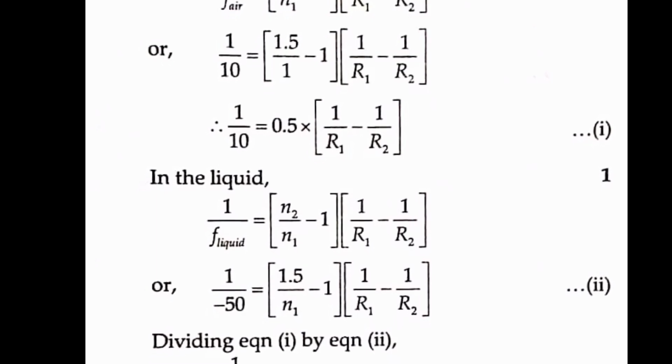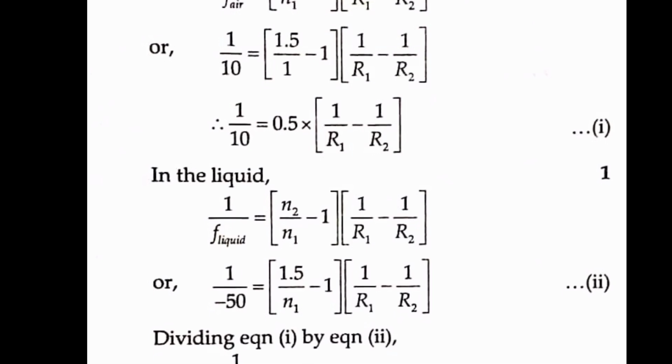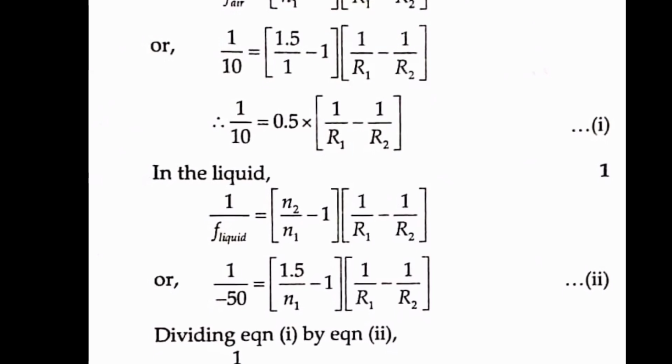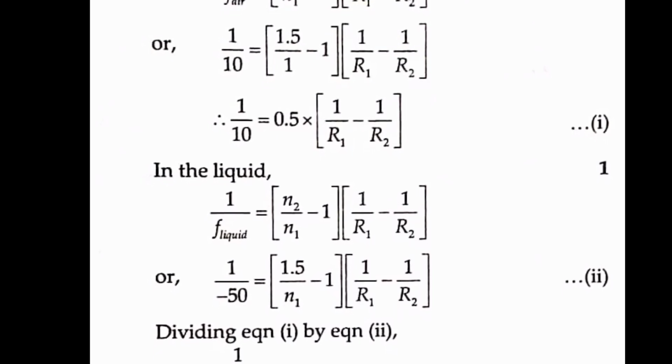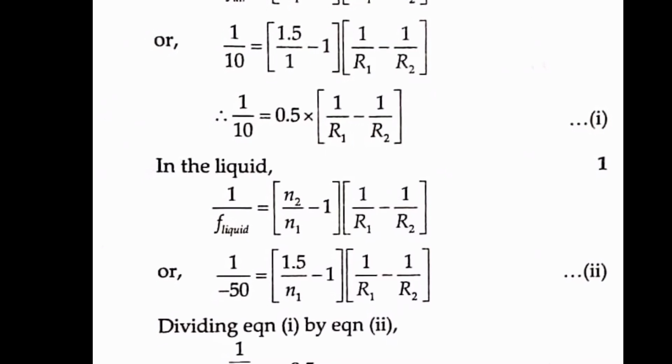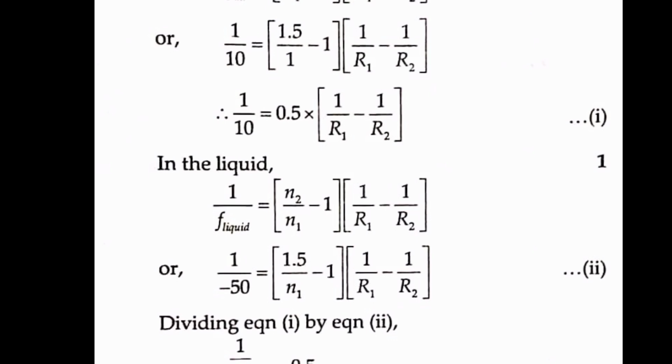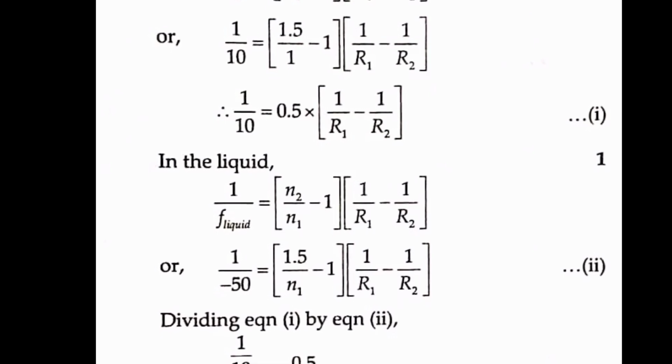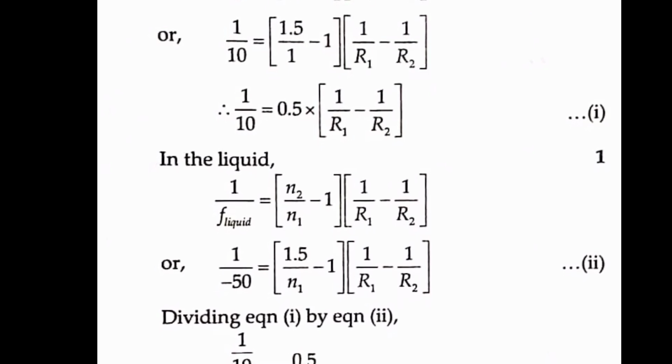Now suppose the lens is immersed in a liquid. The same equation we can apply. In the case of liquid, we write 1 by F of liquid, equal to N2 by N1 minus 1, into 1 by R1 minus 1 by R2.